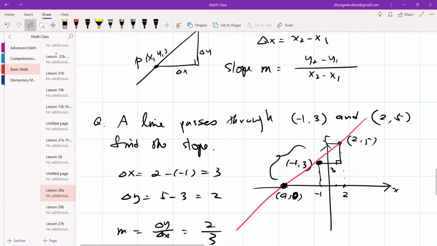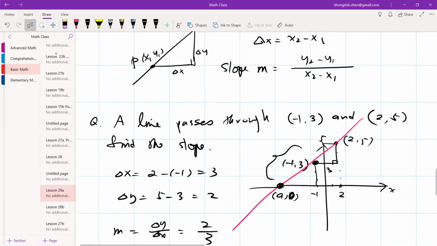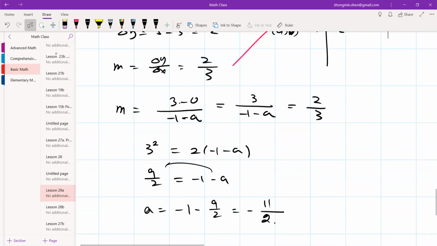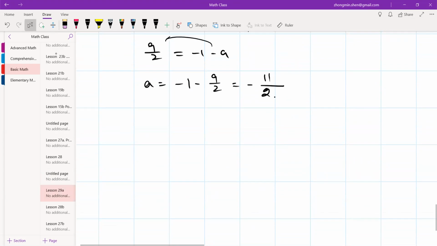The ratio delta y over delta x will be independent of the choice of the two points. That's called the slope, right? In geometry, you can show that it's really independent.